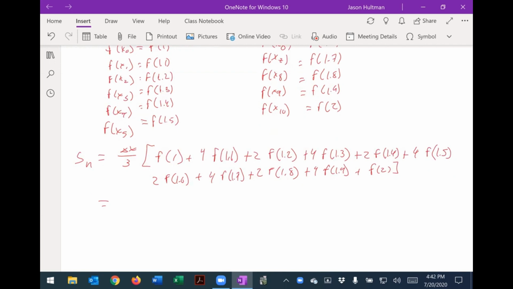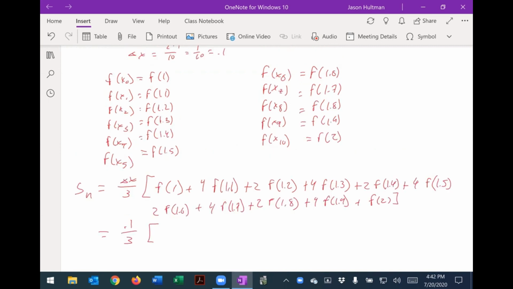So what's delta x? Well, that's 0.1 over 3, right? And then what's f sub 1? Well, f sub 1 was just 1 over 1. This is 1 over 1.1. This is 1 over 1.2, and so on. This is 1 over 2.